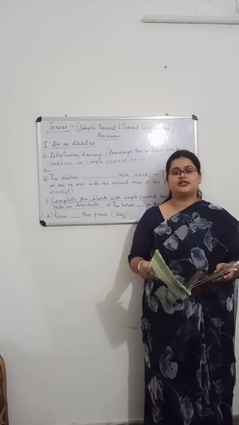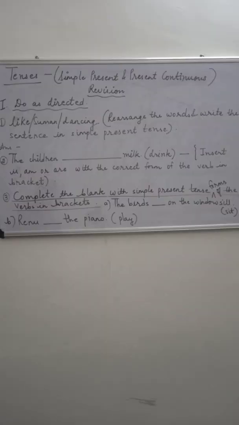So now let us do some of the exercises. Do as directed means we have to do these sentences as directed in the brackets below. Now first one, like Suman dancing. So what do we have to do in this? We have to rearrange the words and write the sentence in the simple present tense.